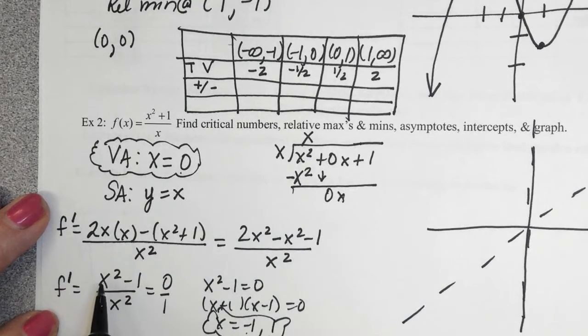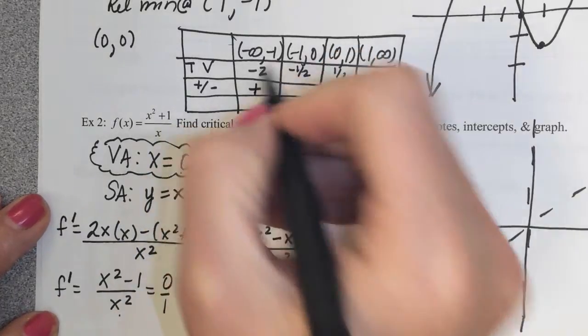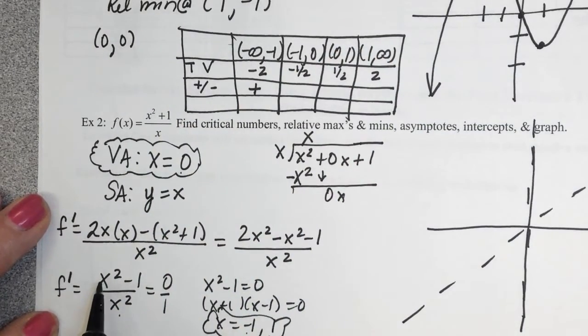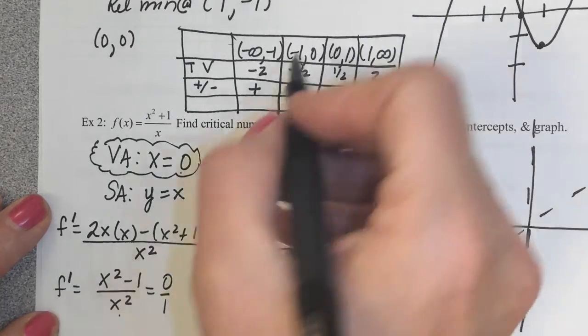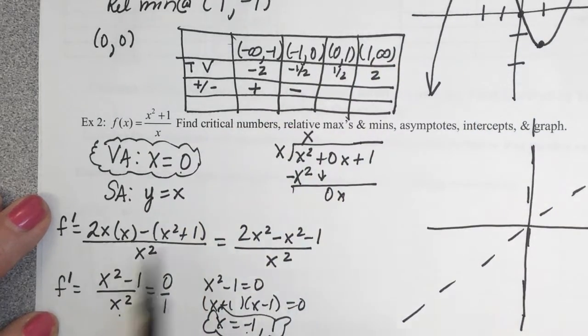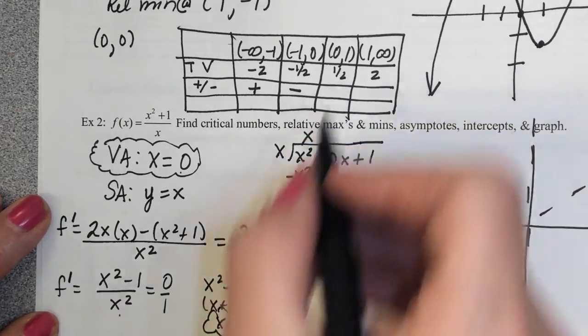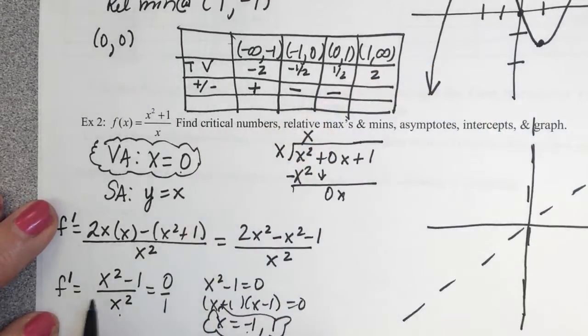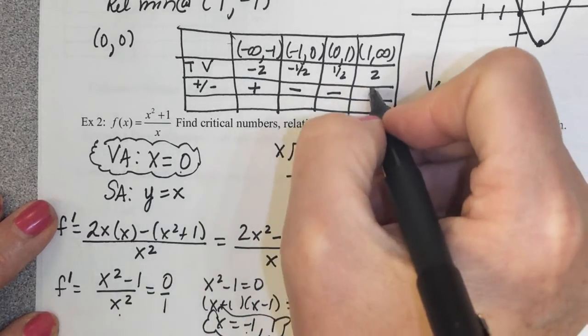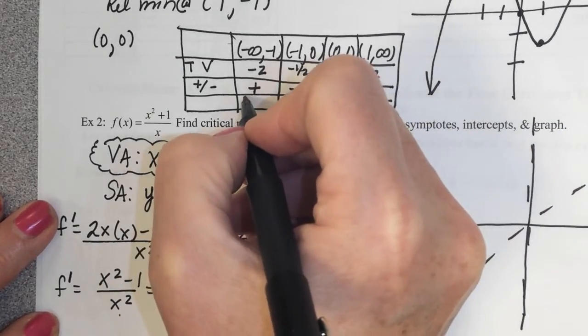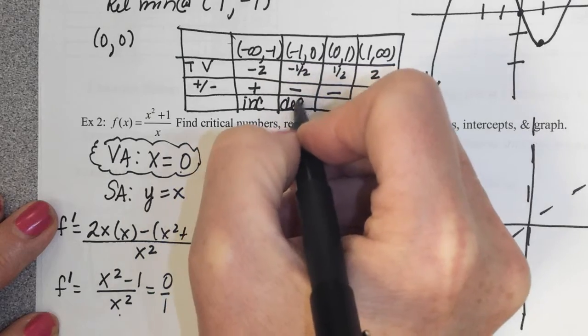So -2 squared is 4 minus 1, that's positive, over a positive, that's a positive. -1/2 is going to be 1/4 minus 1, that's negative. Anything squared is positive, so negative divided by a positive. Plugging in 1/2, 1/2 squared is 1/4 minus 1, that's negative. 2 squared is 4 minus 1, that's positive. So my function is going to be going increase to decrease, and then decrease to increase.